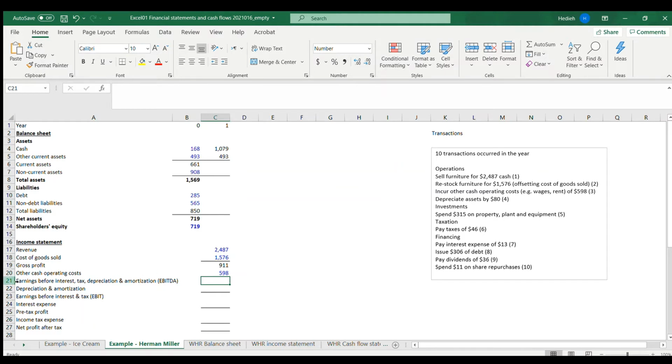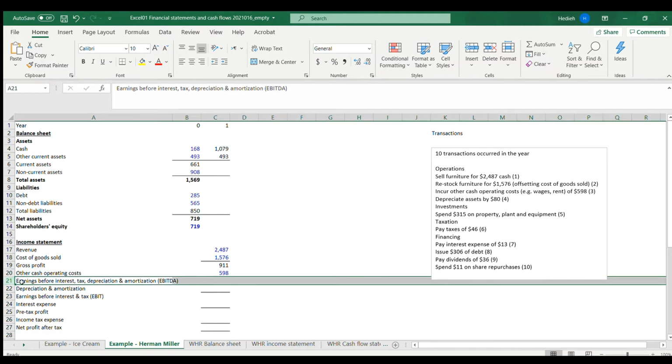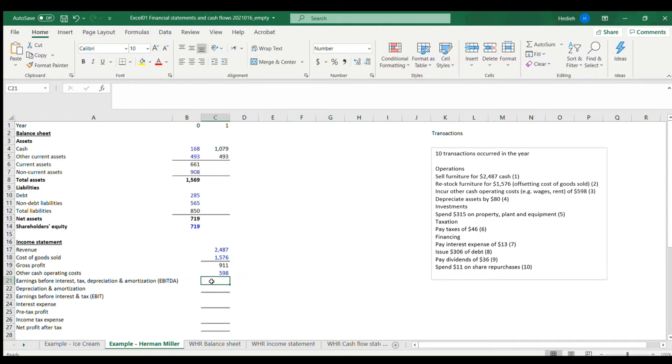So now we can find EBITDA, or earnings before interest, tax, depreciation, and amortization. Okay, EBITDA is equal to gross profit minus other operating costs. Okay, so we updated the income statement.